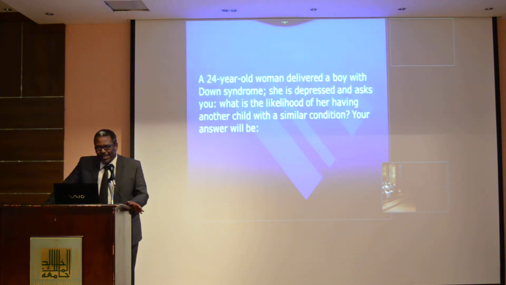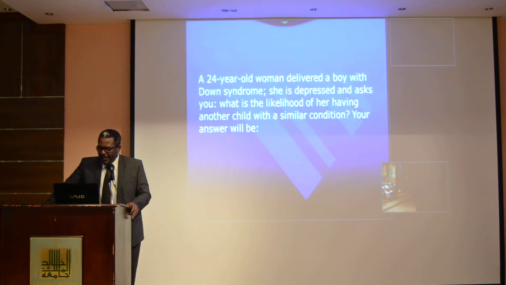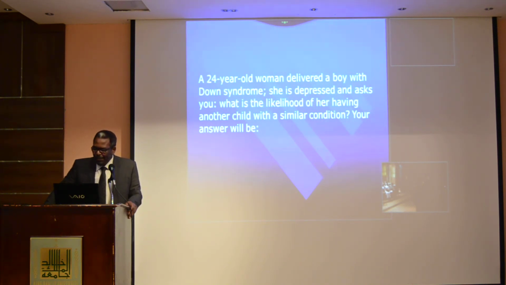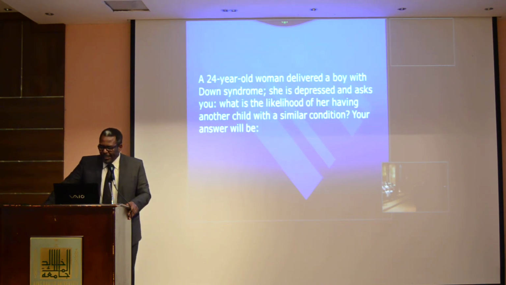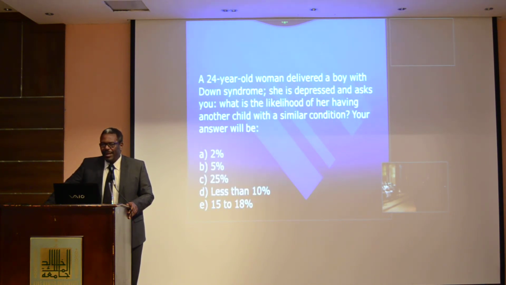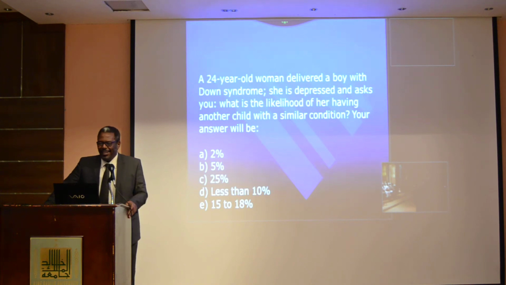Look at this question. This is the STEM. So the STEM is: what is the likelihood of this patient having another child with a similar condition, which is Down syndrome? Yes? You can guess what's the problem in the options.